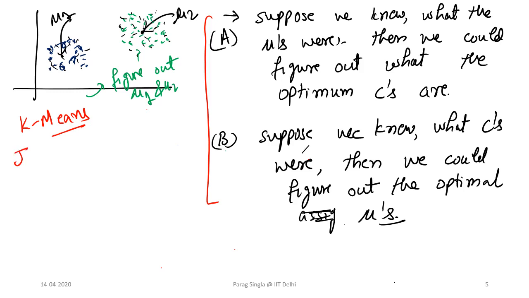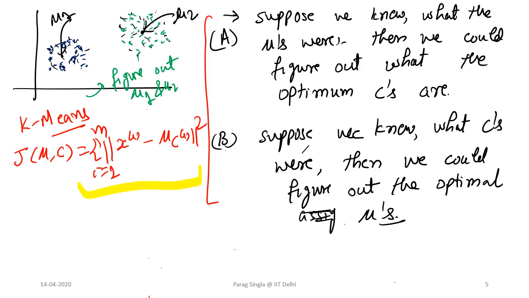There is one thing that I really wanted to point out here. If I look at the original objective, which is J(mu, c), the sum over i equal to 1 to m of the squared norm of x_i minus mu_{c_i}, by itself it is a difficult problem.